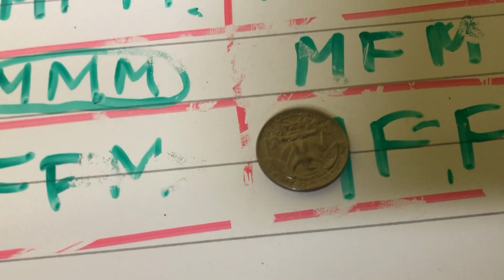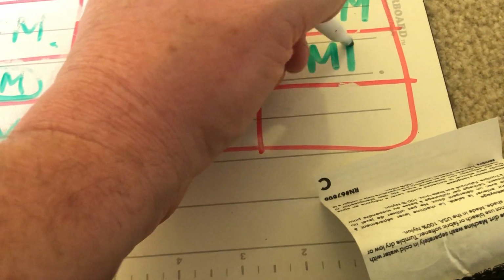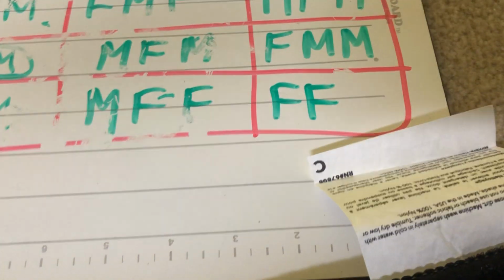There's tails, so that's a female. There's heads, so that's a male. There's tails, so that's a female. There's heads, so that's a male. There's heads, so that's a male. Last trial. There's tails, so that's a female. And there's tails, so that's a female. Last one. There's tails, so that's a female.